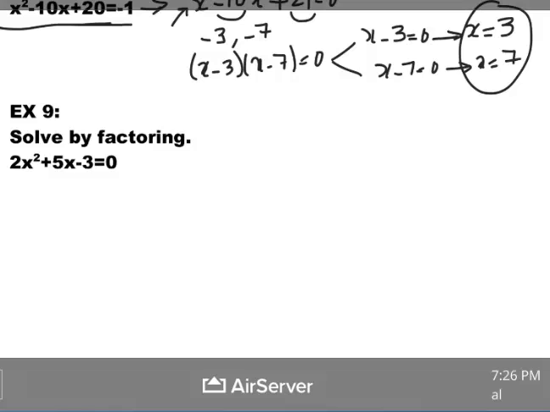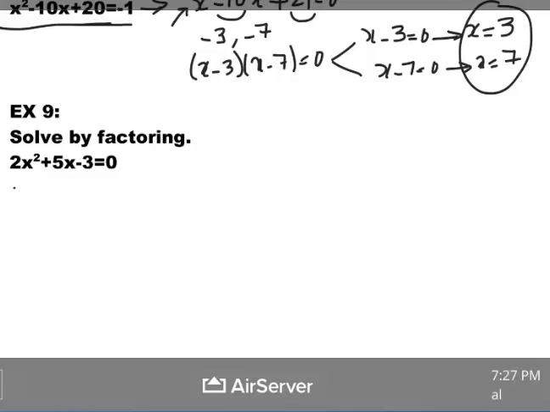The next problem is 2x squared plus 5x minus 3 equals 0. Again, there is nothing common here, so I can't use common factoring. Coefficient a for x squared is 2, so I can't use the sum and product. The only choice I have is to use the decomposition method.